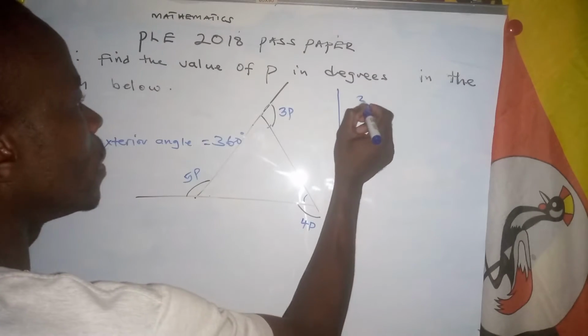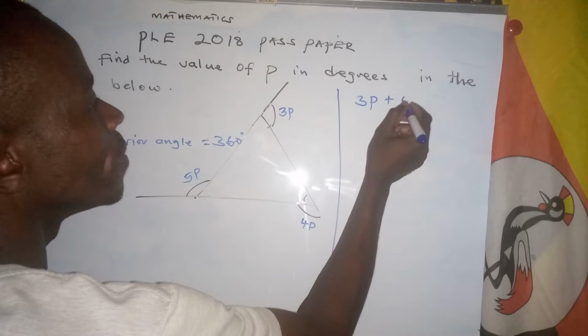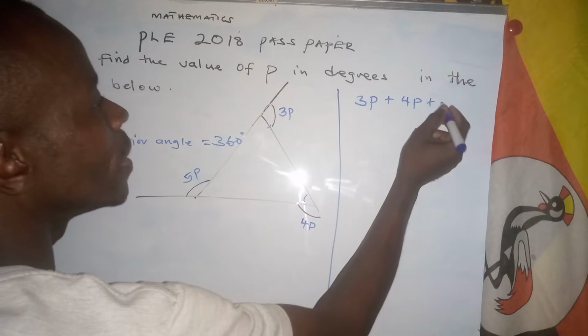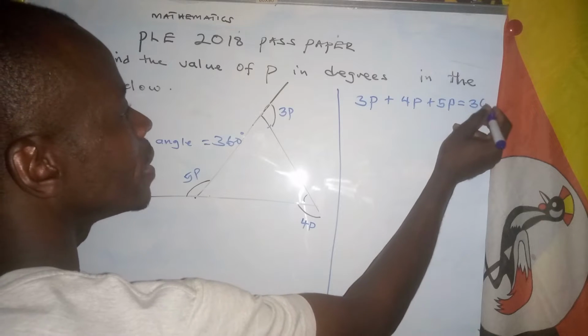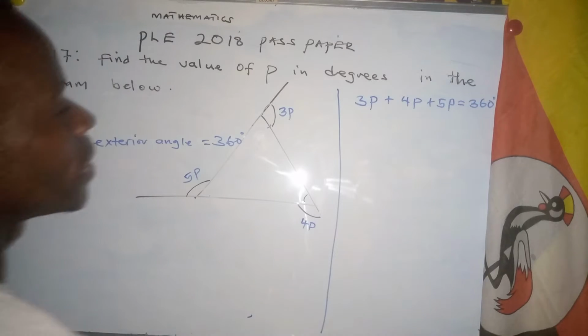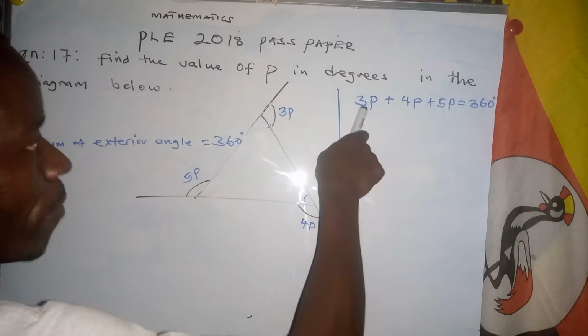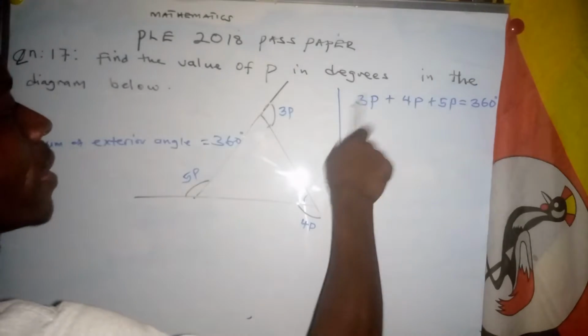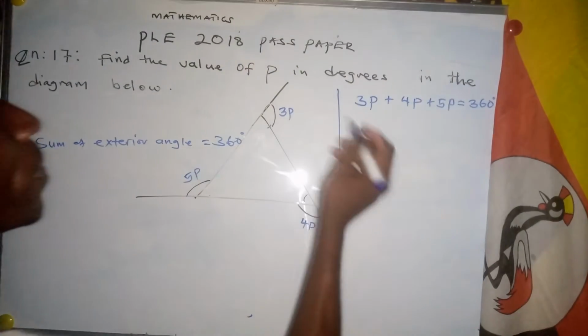So 3p plus 4p plus 5p equals 360 degrees. Meaning that if you add all these, 5p plus 4p plus 3p is equal to 360 degrees.